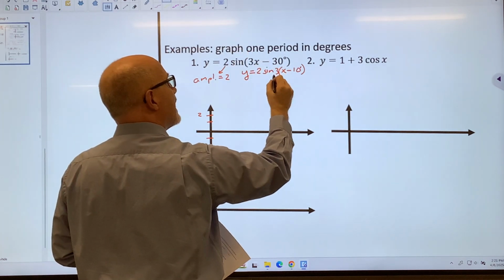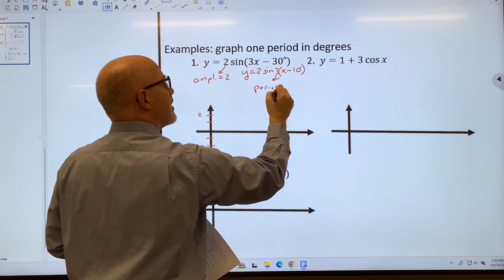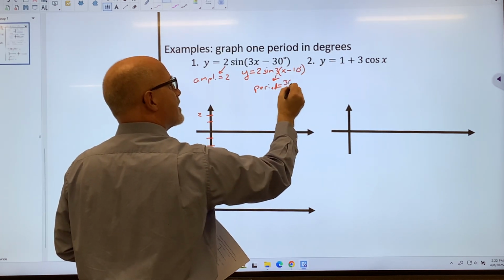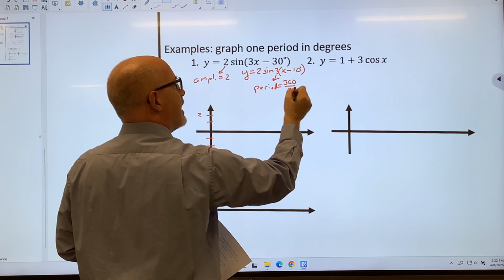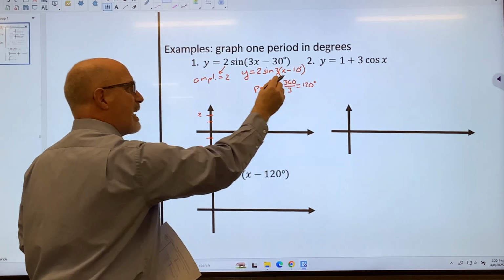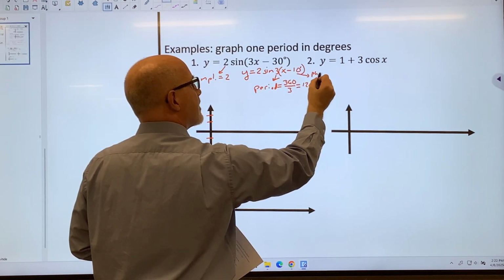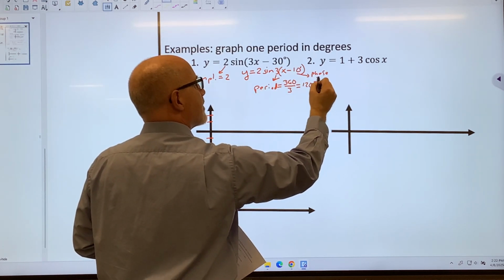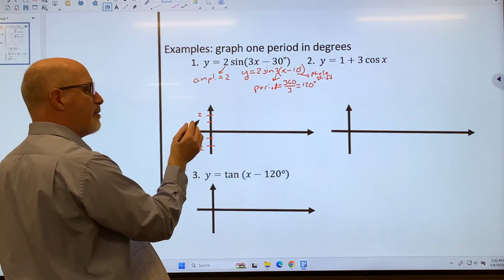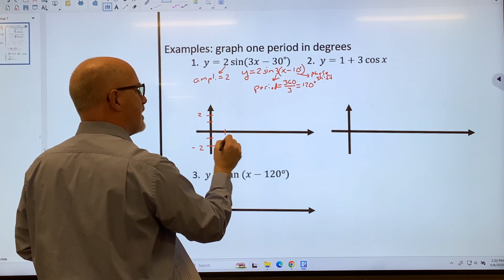Then this 3 is what affects period. So the period is equal to, I'm going to do it in degrees here, 360 divided by 3, so that's going to be 120 degrees. And then lastly, this 10, that's my phase shift. Okay, so let's go ahead and mark off our phase shift. That means I'm going to start out here at 10 degrees.